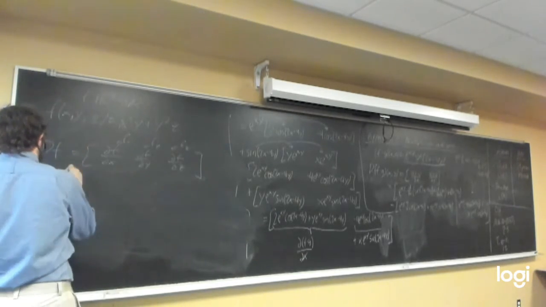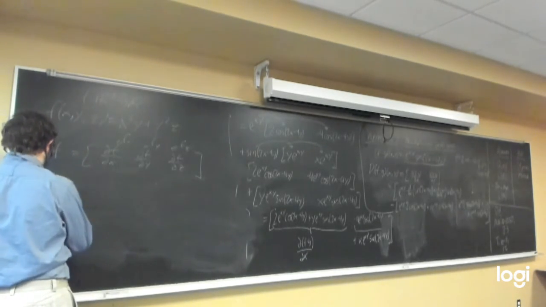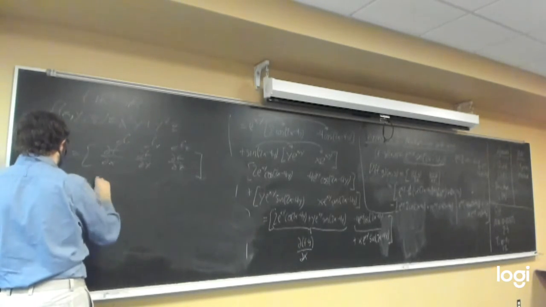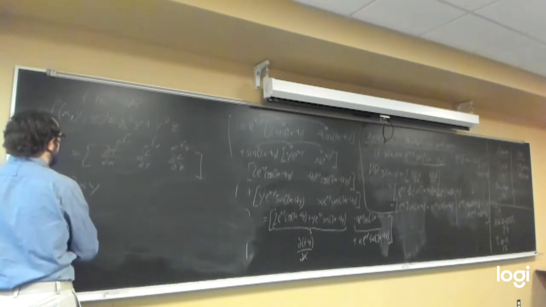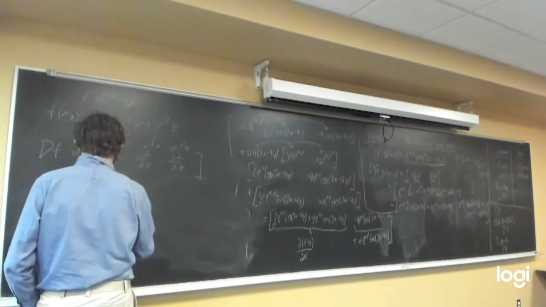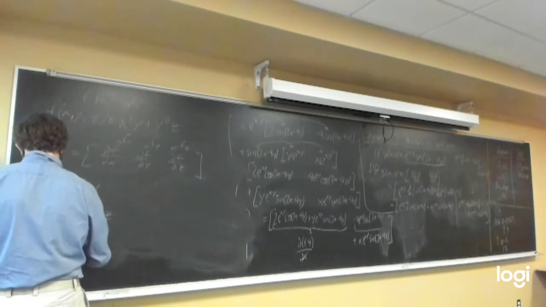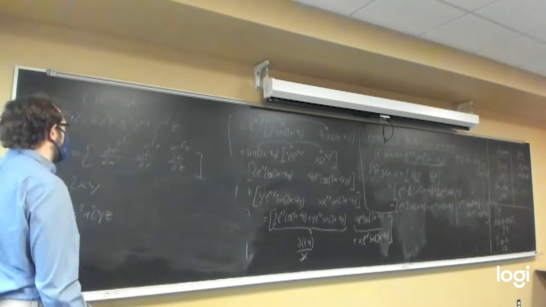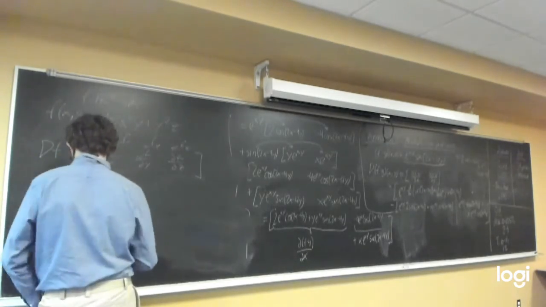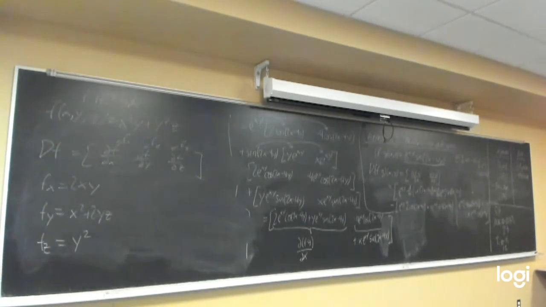If we write that out in this case, our f sub x is going to be 2xy, our f sub y is going to be x squared plus 2y times z, and our f sub z is going to be y squared, just from taking all the partial derivatives.